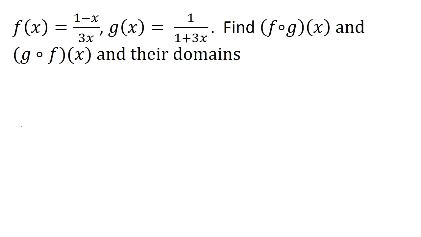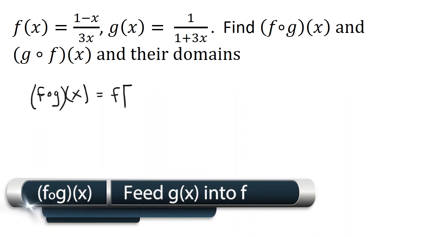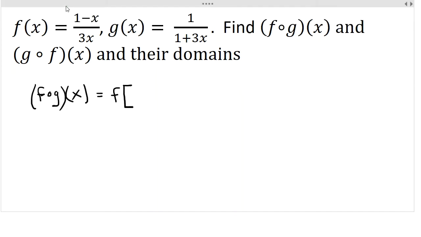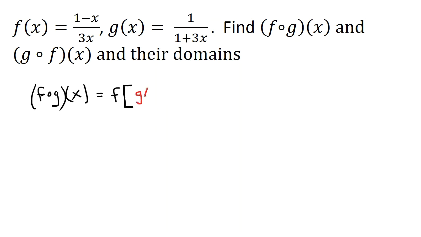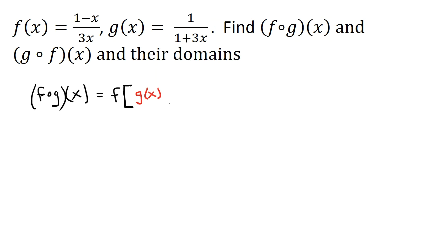The first problem I want to work on is to find the composition f composed with g of x. So that means g is closest to x, so I'm going to feed g into f. Everywhere I see x in f, I'm going to be feeding g into it.